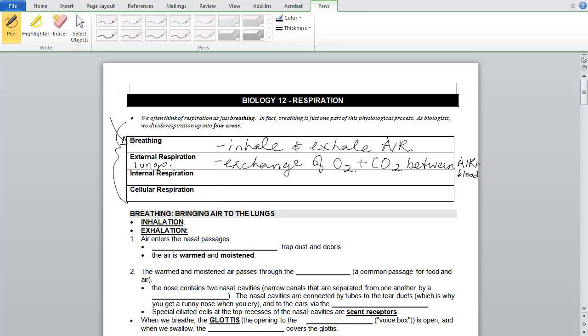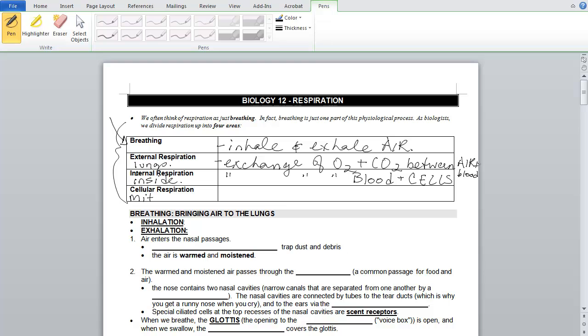Internal respiration is also an exchange of oxygen and carbon dioxide, but it's between the blood that is delivered to our body tissues and the surrounding cells. So the same exchange of the same gases, but they're going the opposite way. And this is really inside our body.